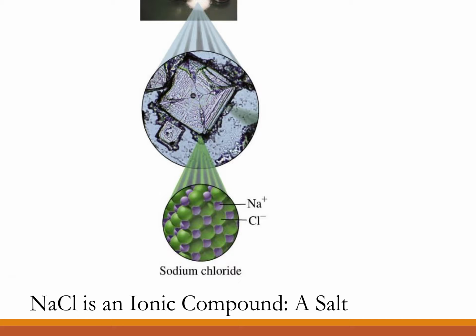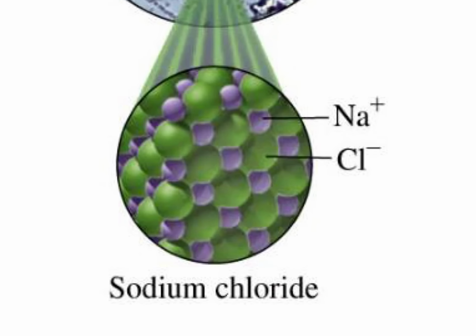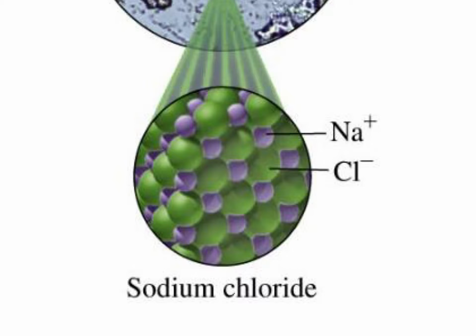All right, and you can see, I know this is just a computer-generated image, but it's what the salt crystals of sodium chloride would look like. And it's just a repeated pattern of these ions. So you have the purple sodium cations, you have the green chlorines there, and they're just repeating.